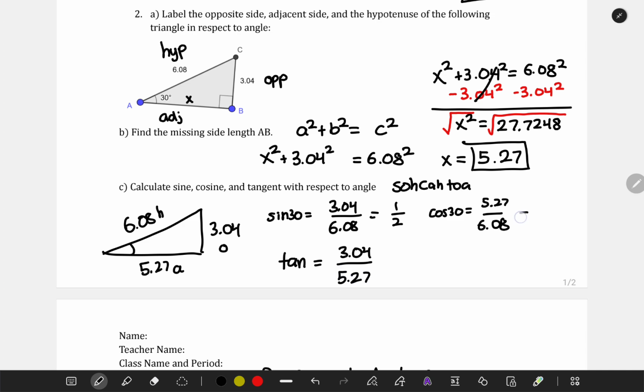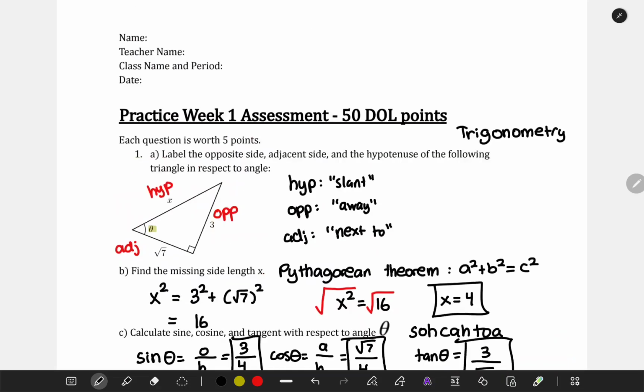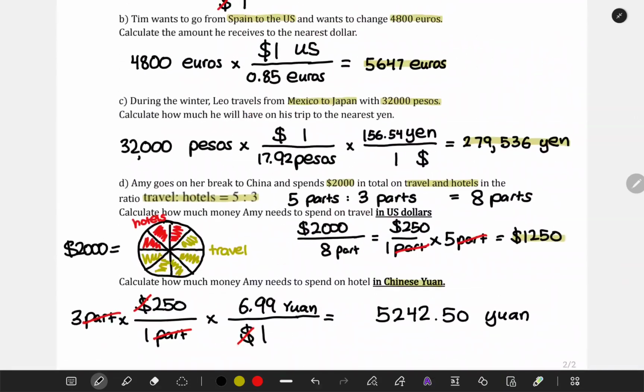We're later going to learn in a video or in our lesson that this is actually equivalent to this: square root of 3 over 2, and this one's going to be the square root of 3 over 3. We don't actually understand how these happen, but as long as we write our answers for our practice test, this should be fine. So that is how we do our whole practice assessment.